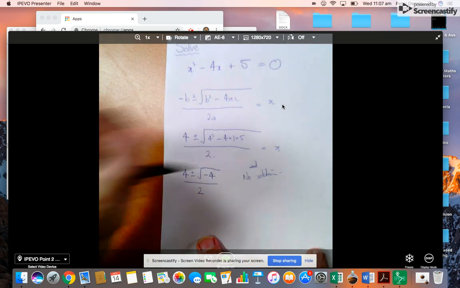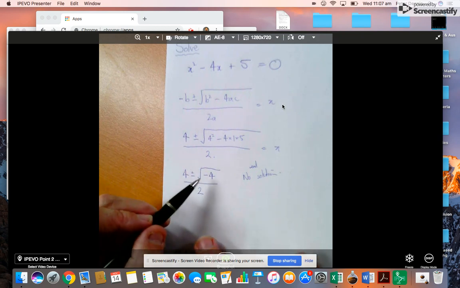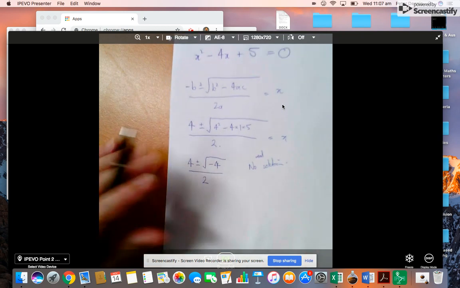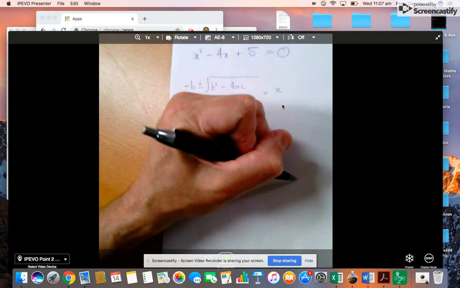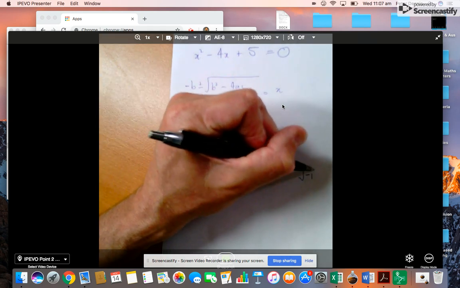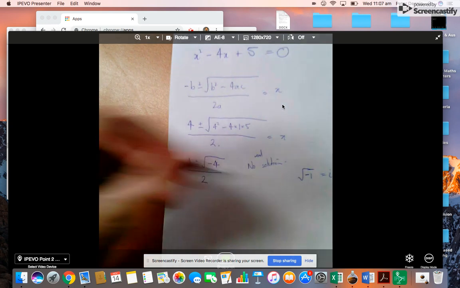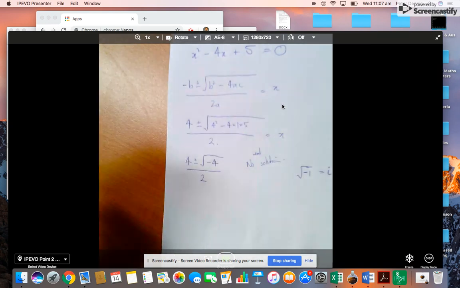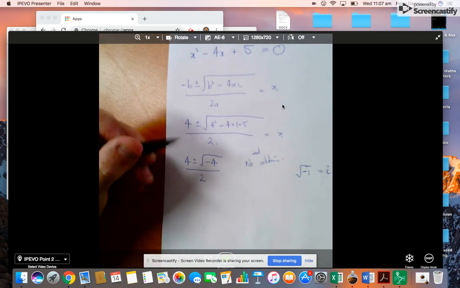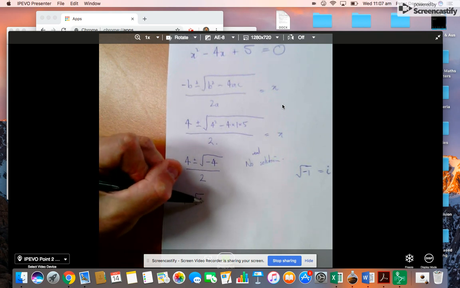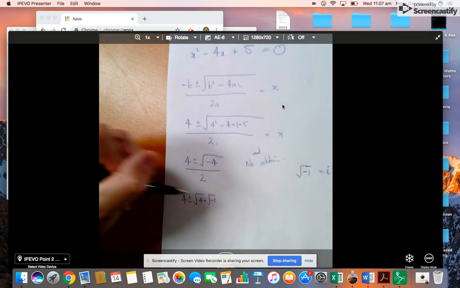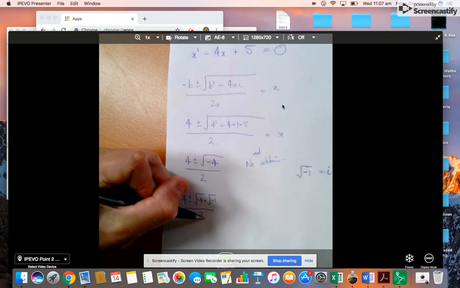And that's the key word, because we're going to make up something, as mathematicians do, so the theorem always works. We're going to say that the square root of minus 1 equals i, this imaginary number i. And so this becomes 4 plus or minus the square root of 4 times the square root of minus 1, all over 2.